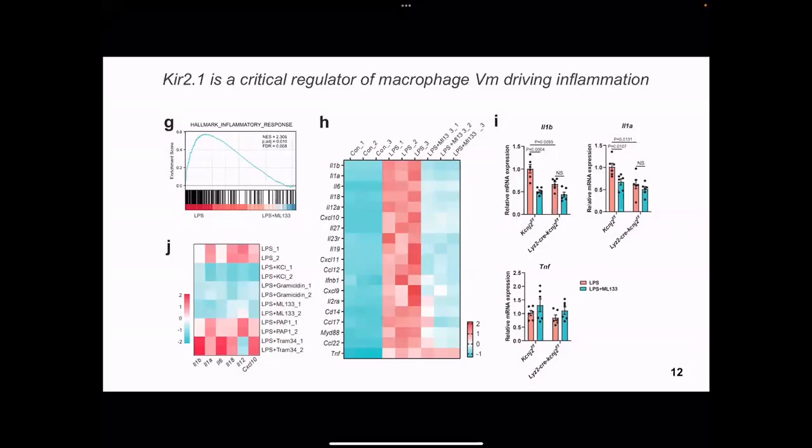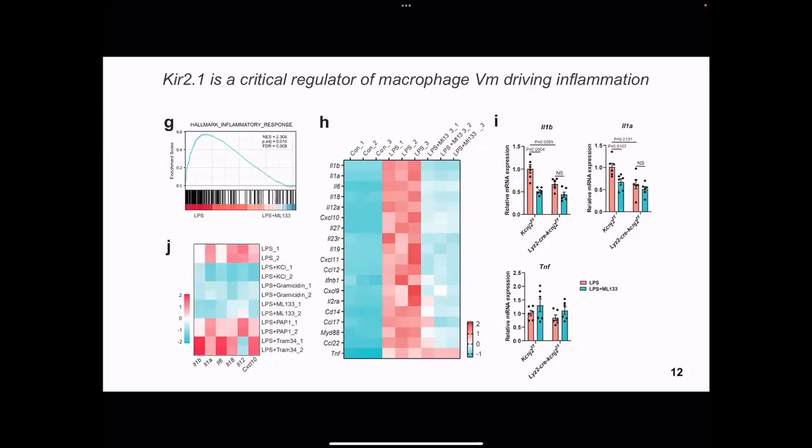Further analysis revealed that a cluster of inflammatory genes, including IL-1 beta, IL-1 alpha, IL-6, IL-18, IL-12, and CXCL10, were suppressed by ML133, while another very important inflammatory gene, TNF alpha, was not affected.